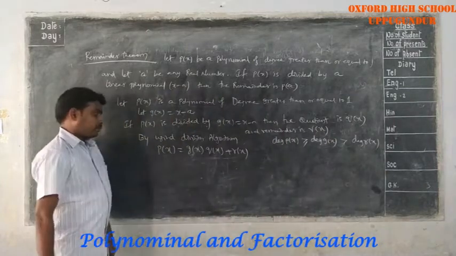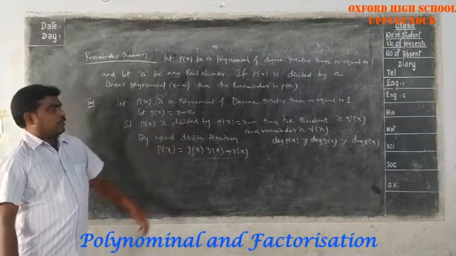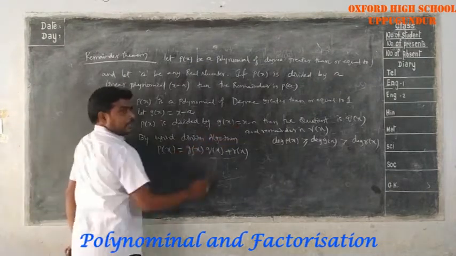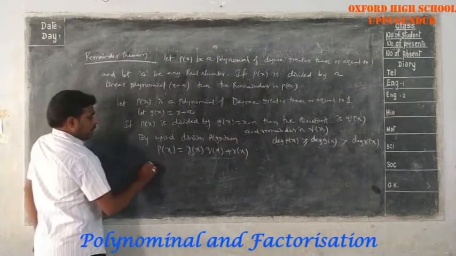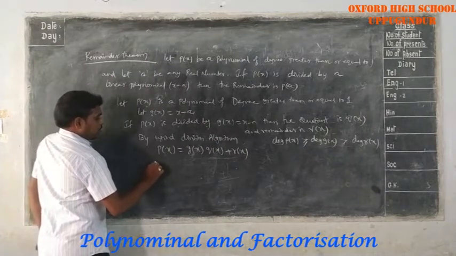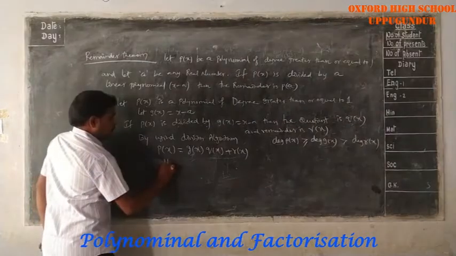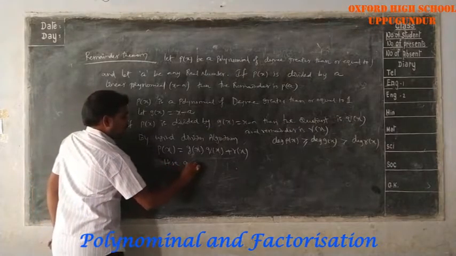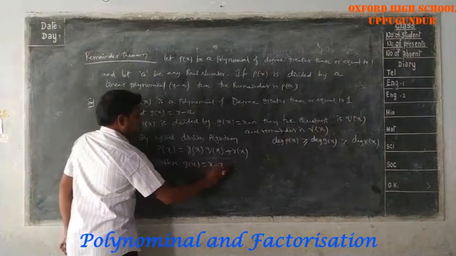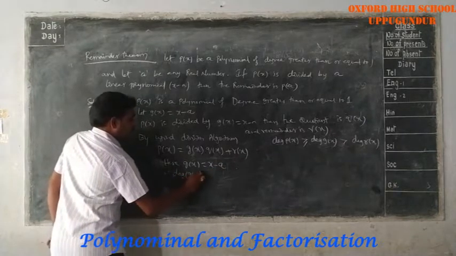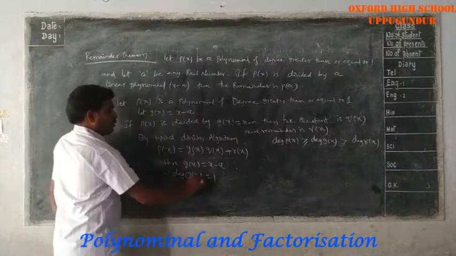Now here, what is the g of x value they give? G of x we are assuming as x minus a. So here g of x equal to x minus a, therefore degree of g of x equal to 1. Why?